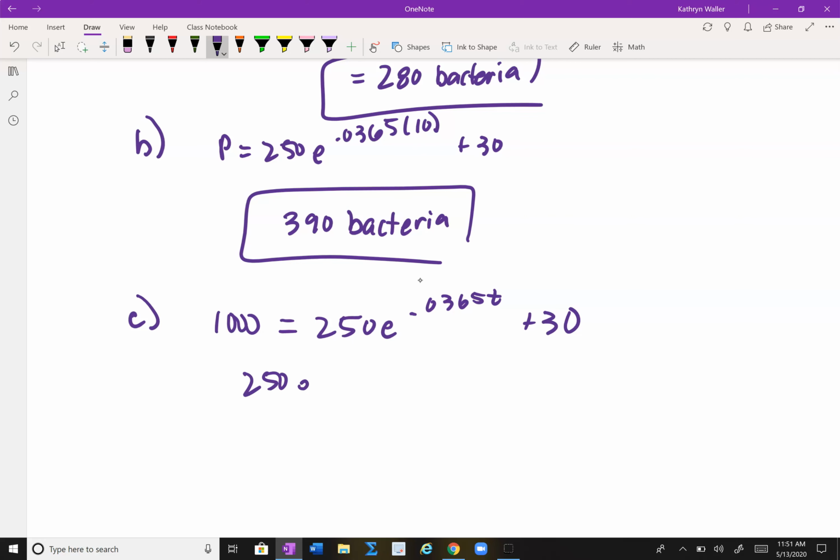So it's 250 e to the 0.0365 t is equal to 970, because 1,000 minus 30 is 970. Then I'm going to divide by 250. When I divide by 250, I get a decent number. So e to the 0.0365 t equals 3.88.